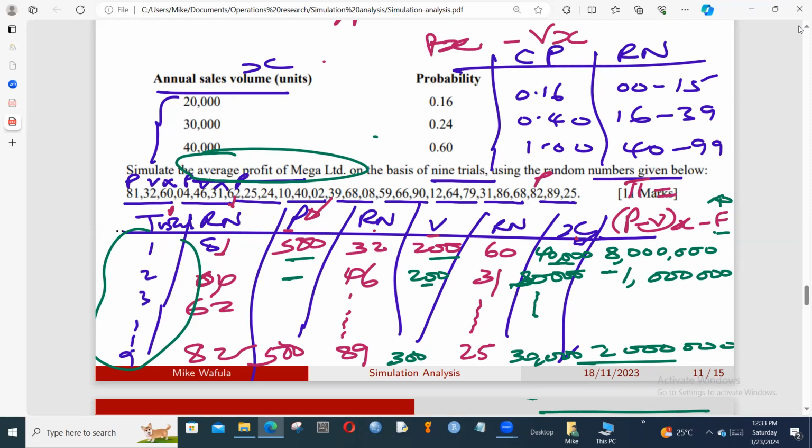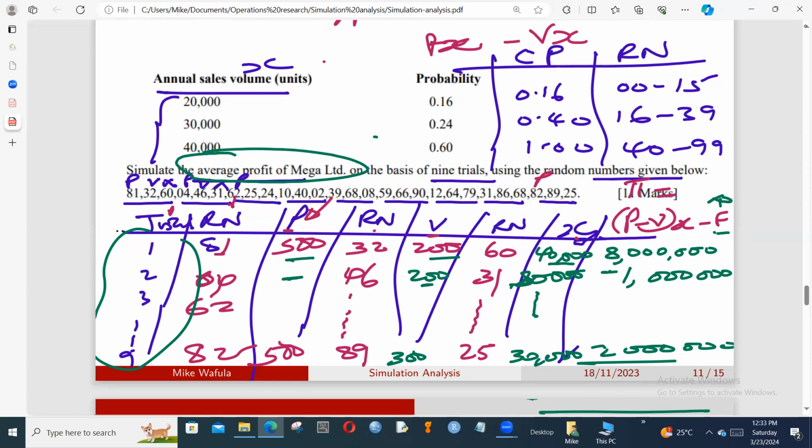You're getting a profit of 2 million average profit. 18 million divided by 9, you get 2 million average. How do I tell who is correct and who is wrong?